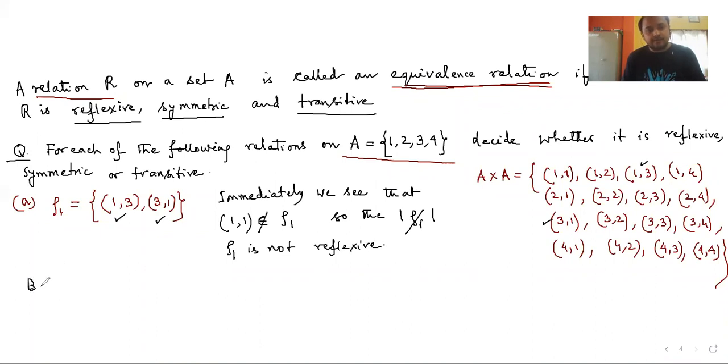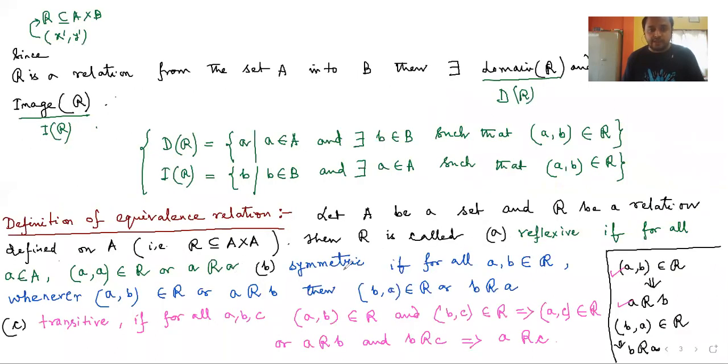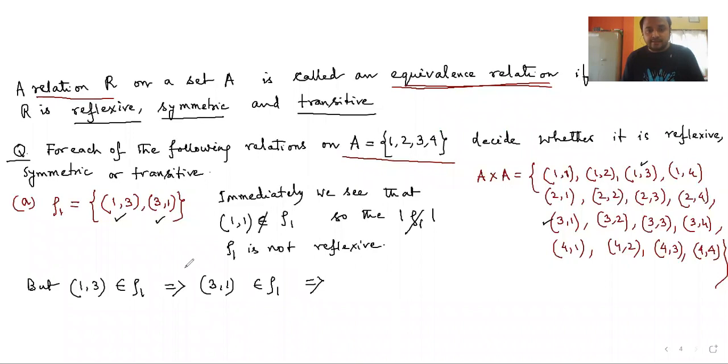But if we consider 1, 3, if I say that 1, 3 is present in rho 1, it implies that 3, 1 is also present in rho 1. So we know from the definition of symmetricity that if (a, b) belongs to R, then it should imply that (b, a) also belongs to R. So from there, I can say that because 1, 3 and 3, 1 are the only points present in rho 1, we don't have to check for other points.